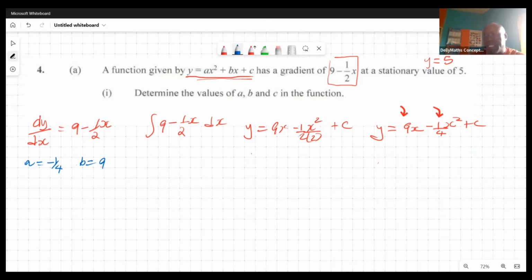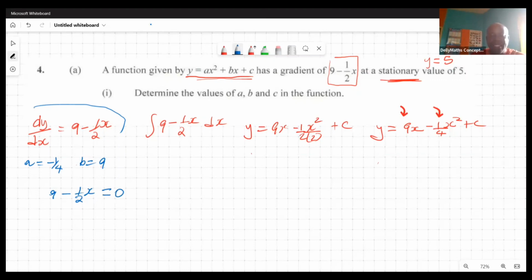In order to find c, I'm going to apply some understanding of what they gave me here. dy dx is my gradient function, but they used stationary value. If I'm at a stationary value, it means that this gradient function at the stationary value is equal to 0.